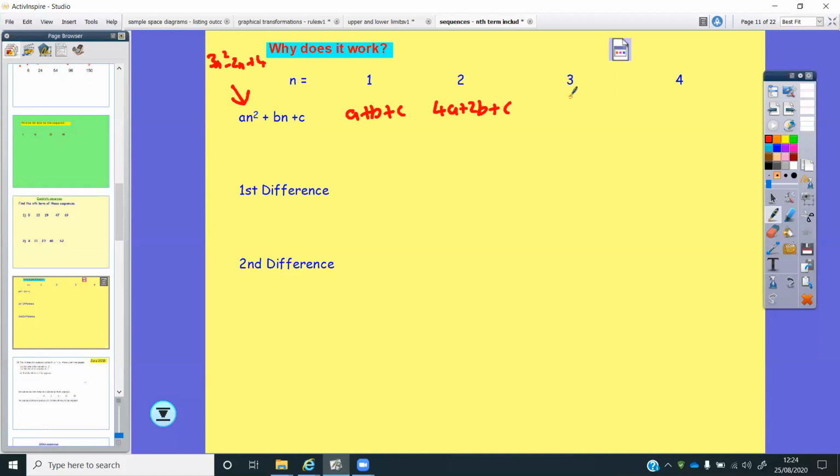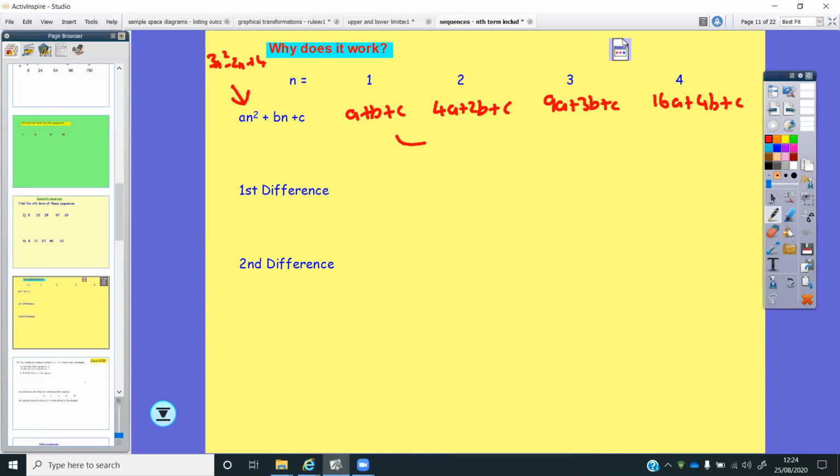When n is 3, you get 9a plus 3b plus c. And when n is 4, you get 16a plus 4b plus c. And this would be algebraically what any term of a quadratic sequence would be.